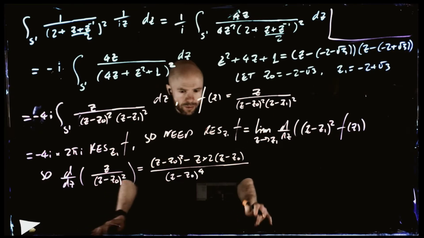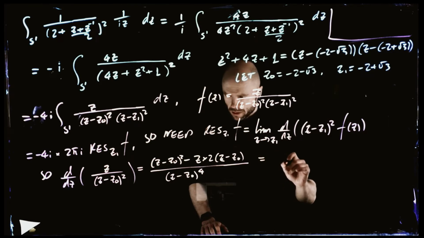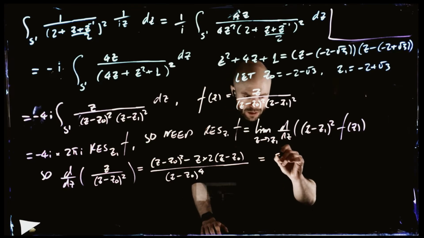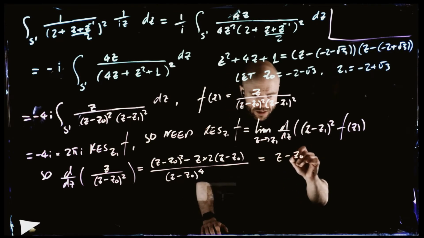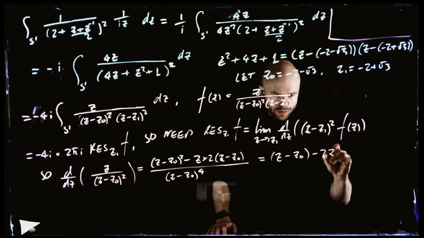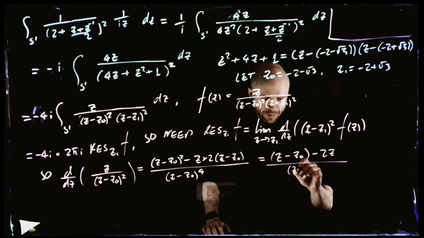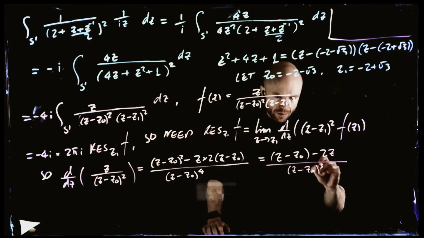Let's clean that up a little bit. We can factor out a z minus z0 from everything. So then we're going to have z minus z0, and then minus 2z. And on the bottom, z minus z0 to the power 3.